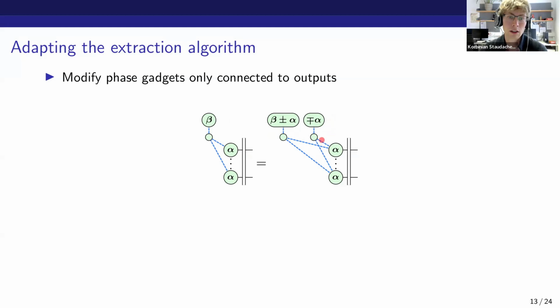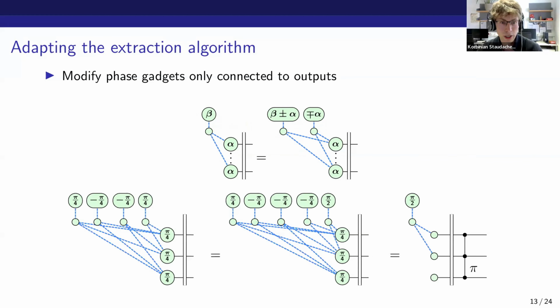So if phase gadgets have exactly the same neighbors, we can fuse them together. But of course, this is kind of the reverse. We can unfuse this also again. So we have a phase gadget and we split it up into two different complementing phase gadgets, where if we would fuse them, they would exactly sum up to beta.